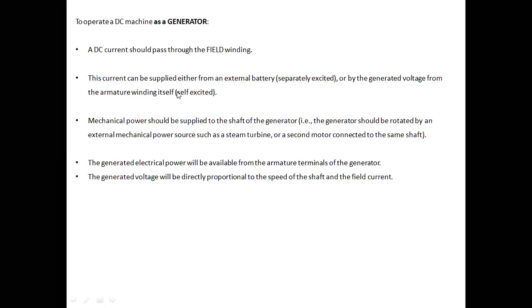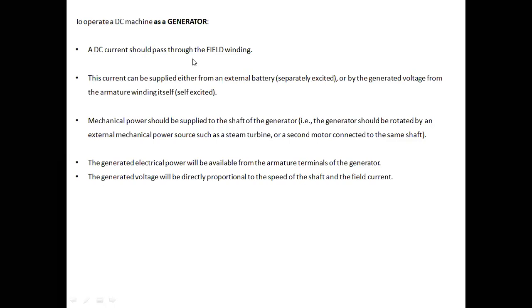At that time we call that type of motor a self-excited motor. And if we give a separate power supply to the field winding and to the DC motor armature, at that time we call that type of machine a separately excited DC machine.